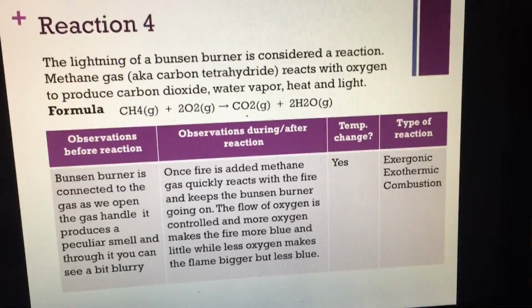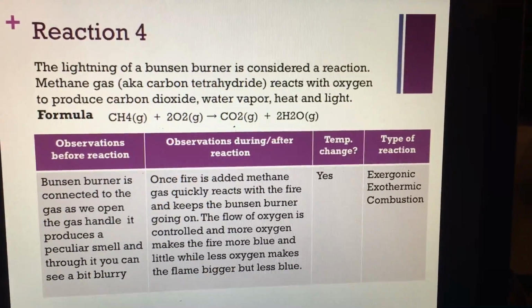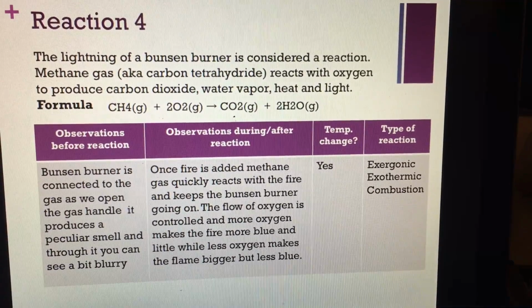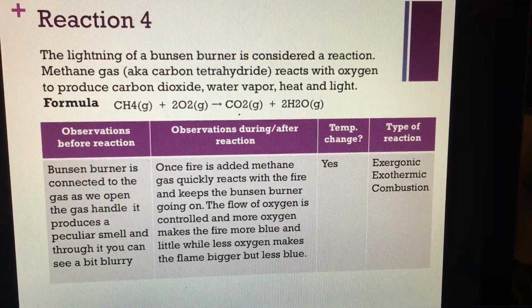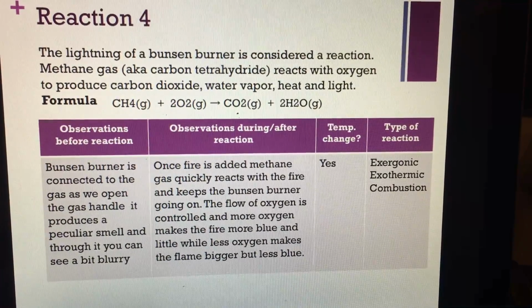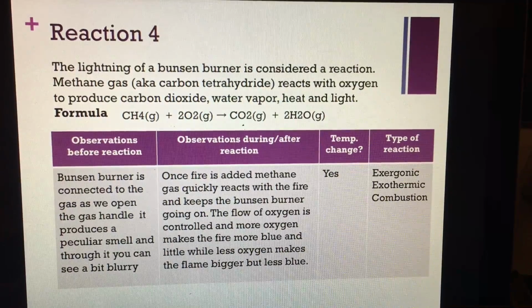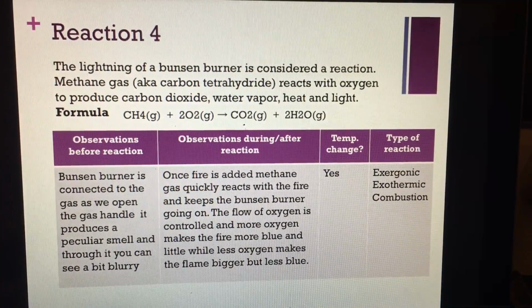Reaction 4. The Bunsen burner is connected to the gas, and as we open the gas handle, it produces a peculiar smell, and through the gas, you can see a little bit blurry. Once fire is added, methane gas quickly reacts with the fire, and it keeps the Bunsen burner going.